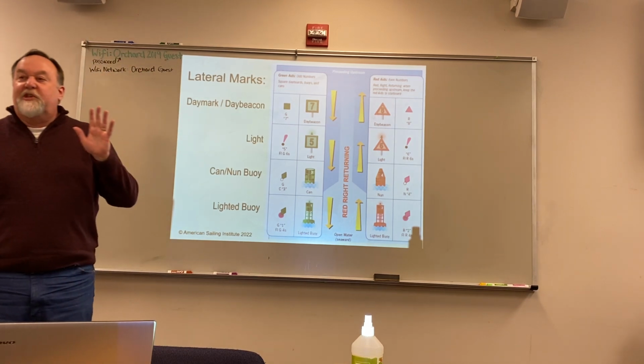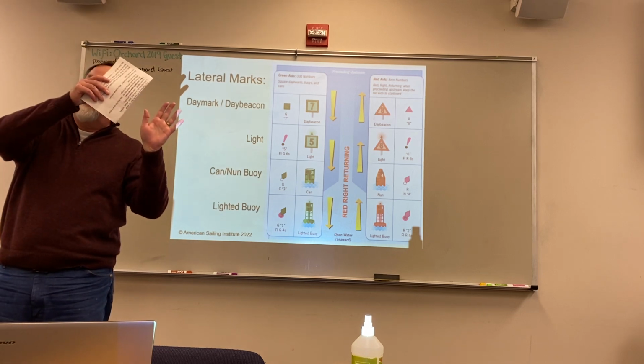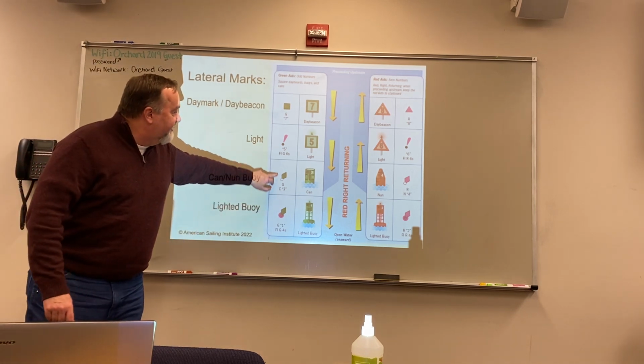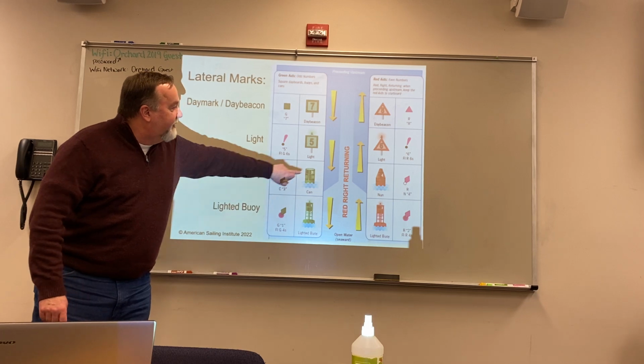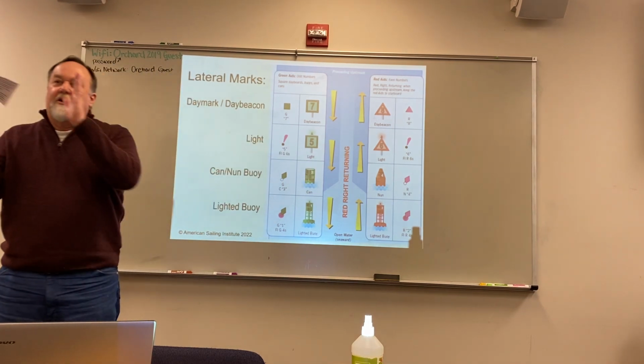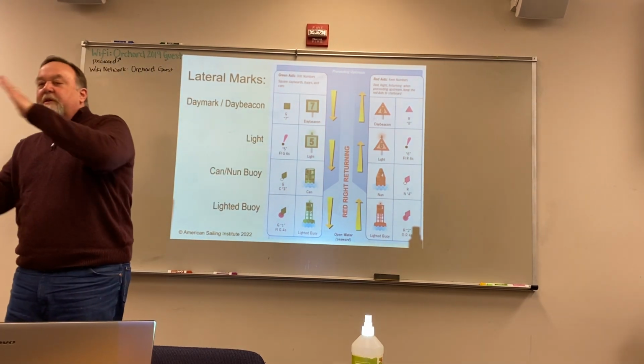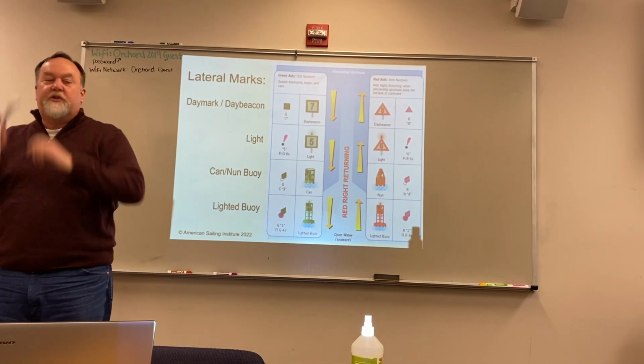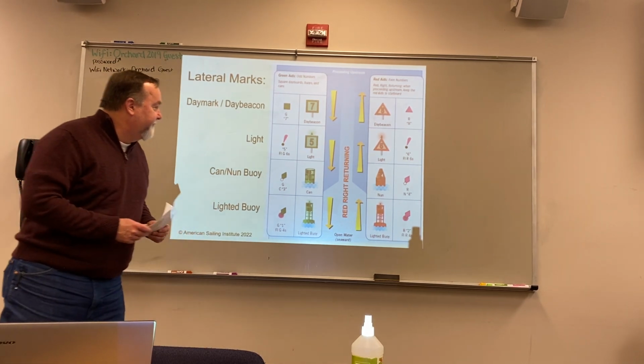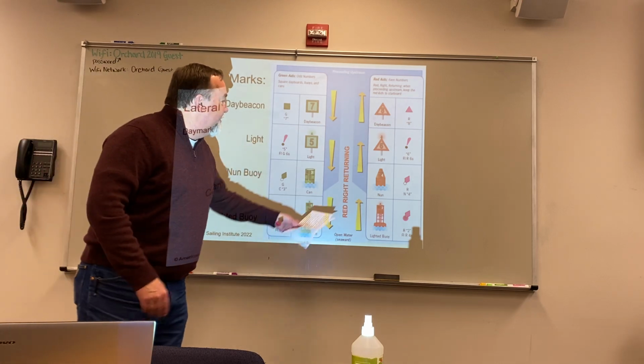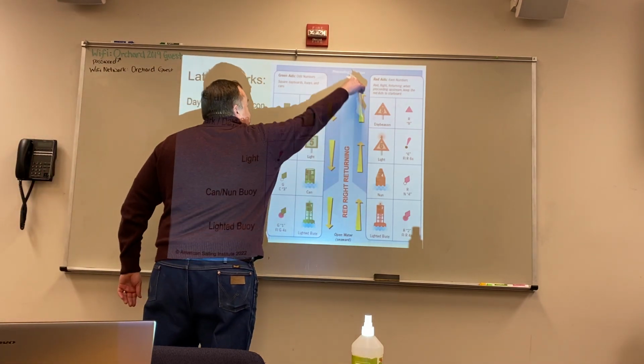You see on the magenta teardrop on lights off to the side, lighted beacons or lighted buoys and unlighted buoys are also tilted to the side. Day marks and day beacons always straight up, 90 degrees. And again, you can see here, this would be red right returning.